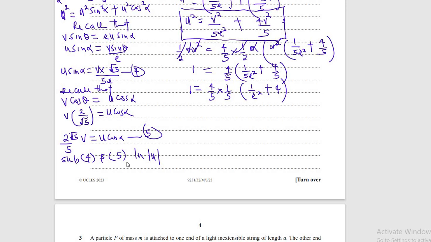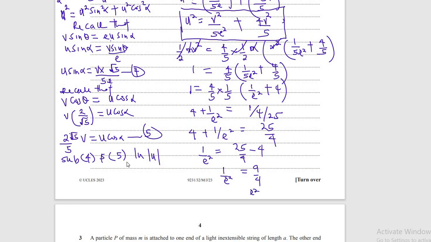So from here, I can make 4 plus 1 over e squared the subject of the formula. So 4 plus 1 over e squared will be equal to 25 over 4. So 1 over e squared is 25 over 4 minus 4, which will give us 9 over 4.